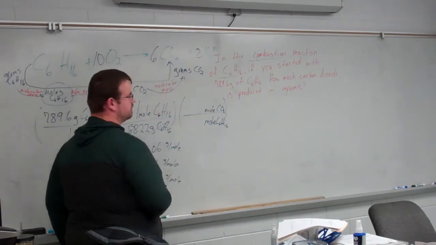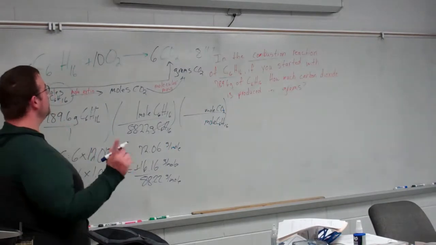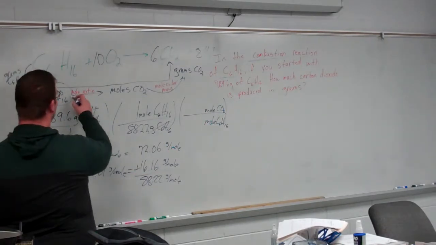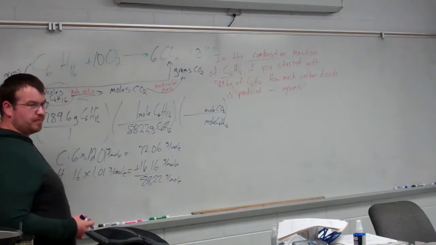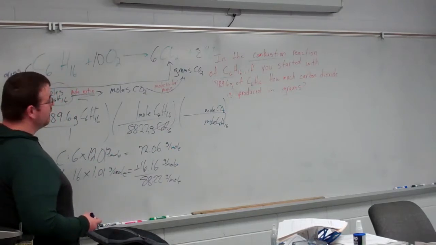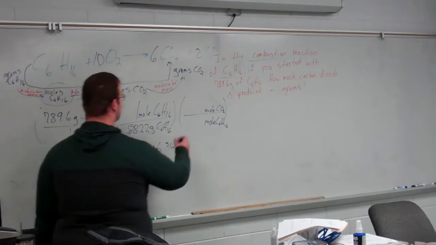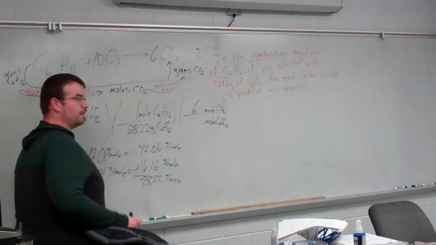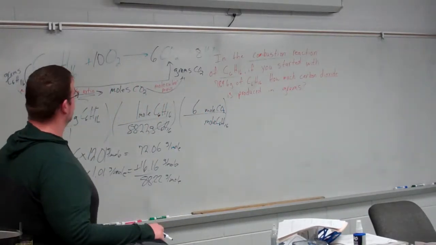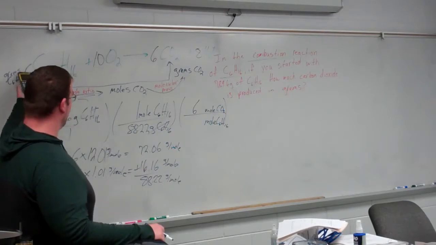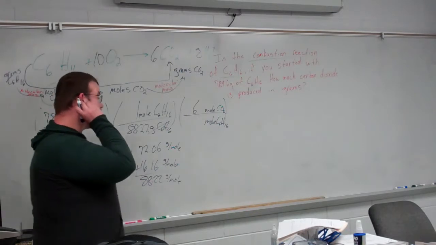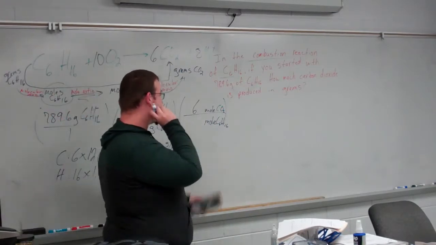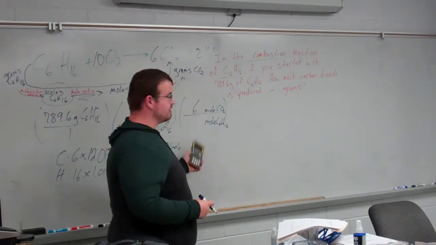What do we use here? The mole ratio, right? Where do you get the mole ratio from? It is a 6. The coefficient, that number in front of these molecules. There's a reason you balance this thing first, and it's because right here. If you did not balance this, you would be wrong.